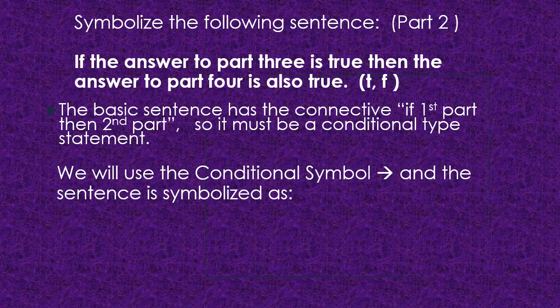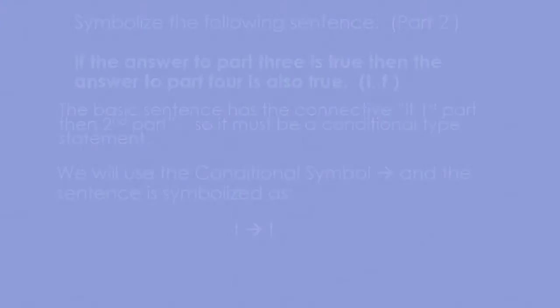And we use the arrow to represent the conditional symbol. And it would be symbolized as T implies F. Once we choose a letter for a particular phrase, we can't use that letter for a different phrase. It would really make things difficult to understand. We wouldn't know what phrase we were talking about.